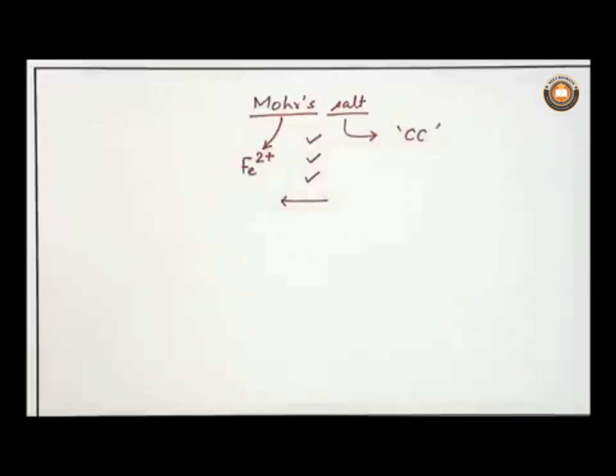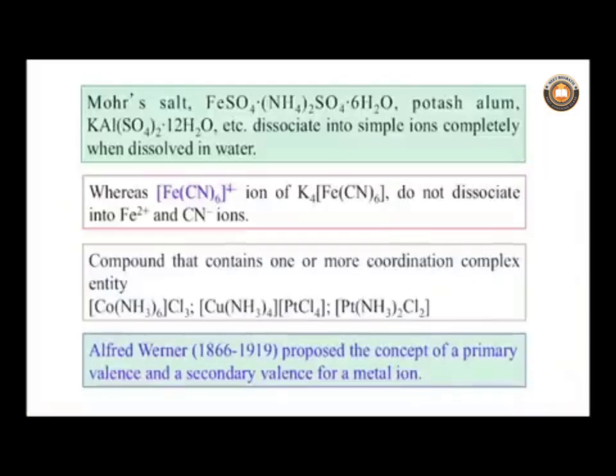Analytically we find that Mohr's salt is ferrous sulphate, ammonium sulphate, 6 water molecules. The name of this compound is ferrous ammonium sulphate, a double salt of ferrous sulphate and ammonium sulphate along with 6 water molecules of crystallization.